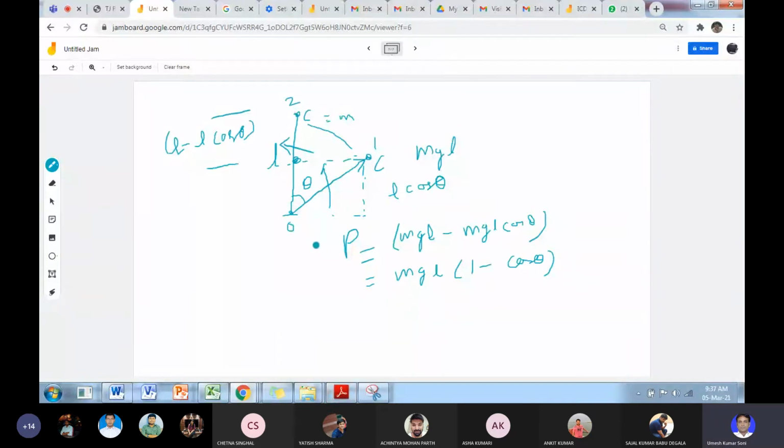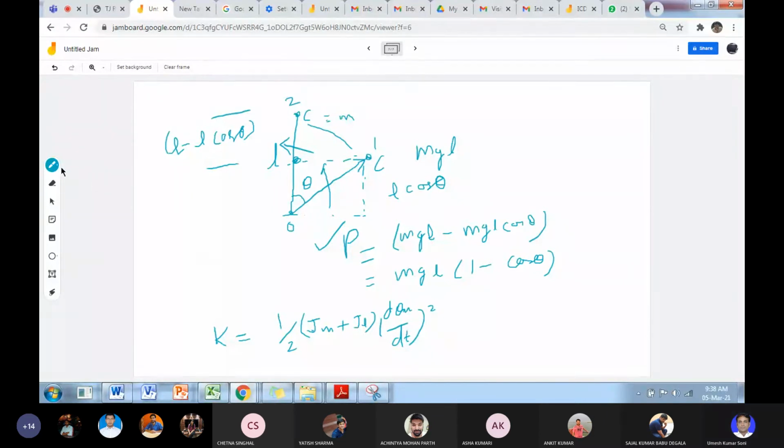Okay, so you have determined the potential energy, and you have determined the kinetic energy. Kinetic energy was 1/2 (Jm plus Jl)(d theta m upon dt) square.